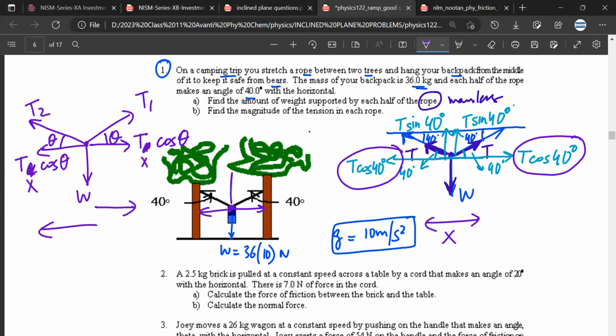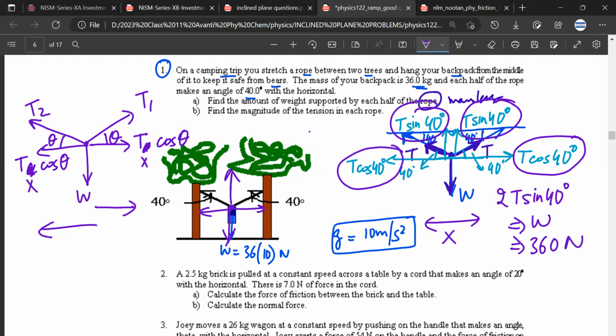Similarly, there is no movement in either up direction or down direction. That is why these two components of tension, that is 2T sine 40, should balance the weight which is pulling down and which is equal to 360 Newton. This is what we calculated here.